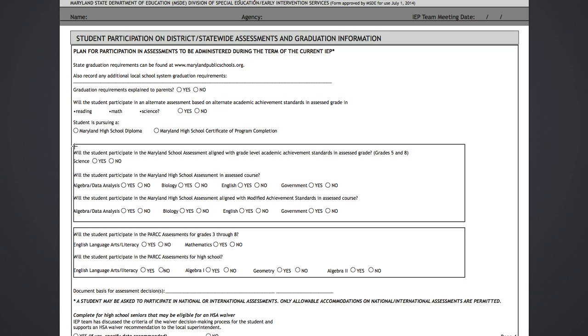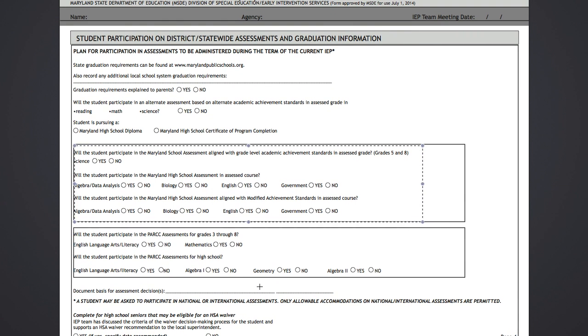And then this box indicates whether or not the child will participate in the MSA or the HSA. And then down below further, there's an area for the IEP team to indicate whether the student will participate in the PARCC assessments for grades 3 through 8, or whether they'll participate in the PARCC assessments in English, algebra, geometry for high school, as well as a place to document the decision.